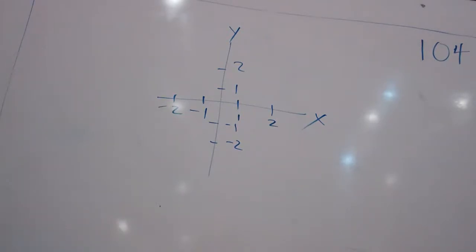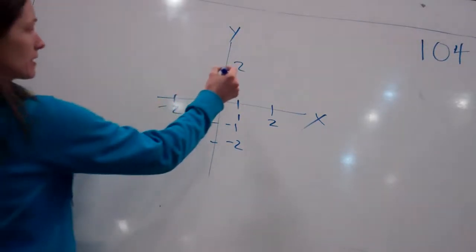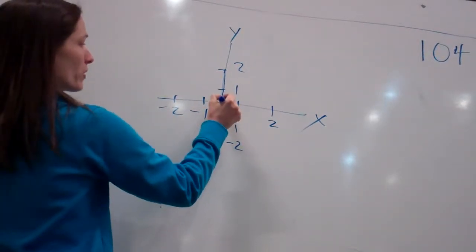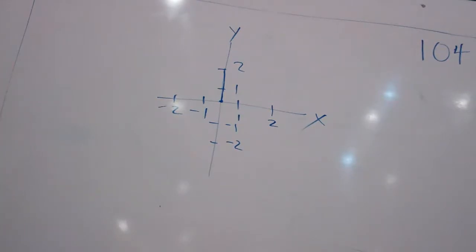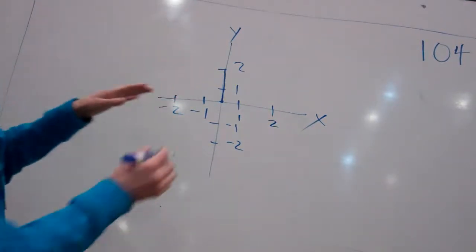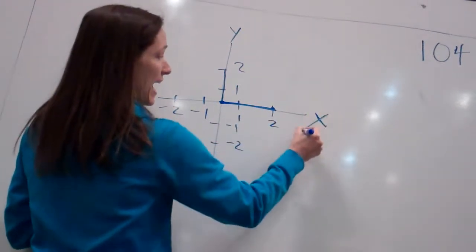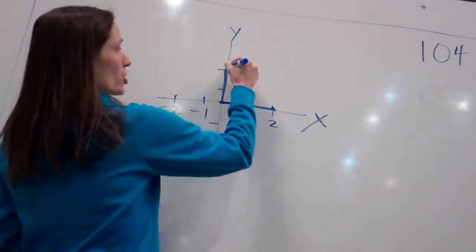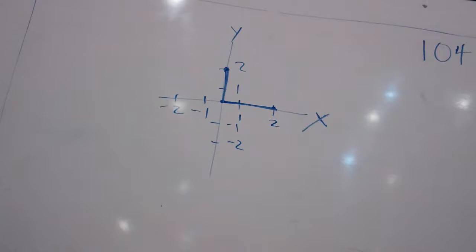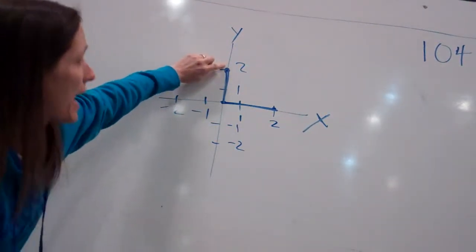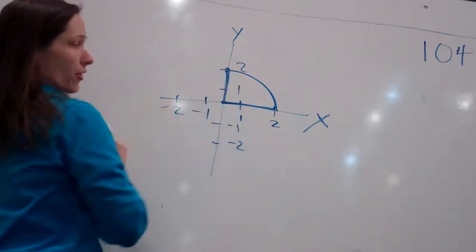A minor arc with the radius of 2 centered at the origin is drawn from the positive x-axis to the positive y-axis. So the line goes from the center point to 2 on the x-axis and to 2 on the y-axis. So we're going from here to here.